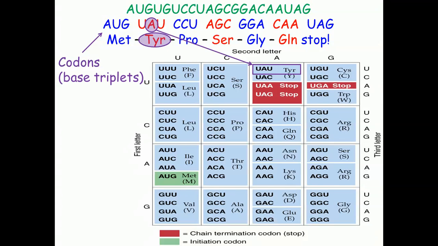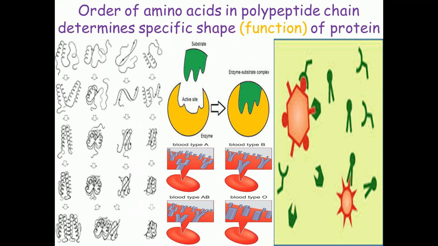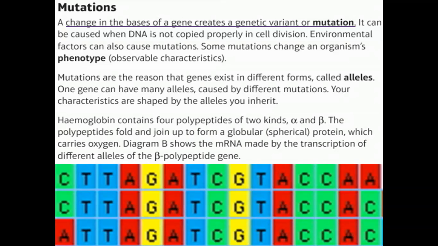So if it codes for a different amino acid, that means that the order of amino acids has now changed, and because of that, the polypeptide chain will fold differently, and this will produce a different shape in the protein such that the protein will have a different function. So these changing bases are called mutations, and the mutations cause the proteins to have a different function if they occur in the gene.